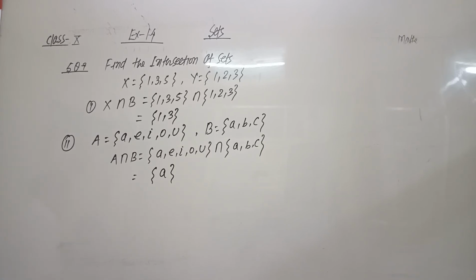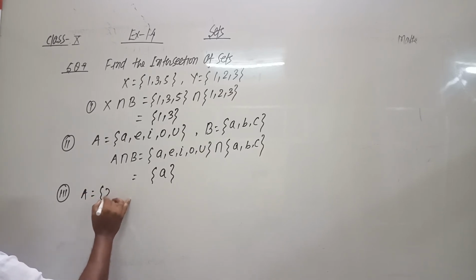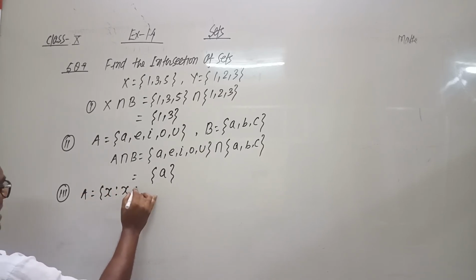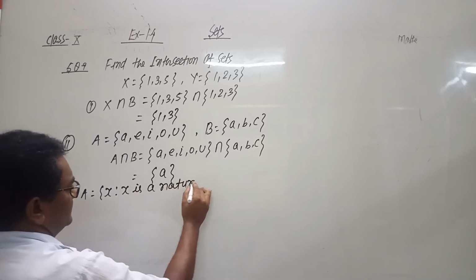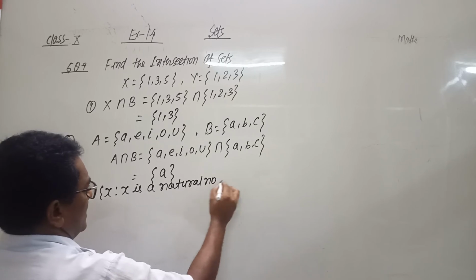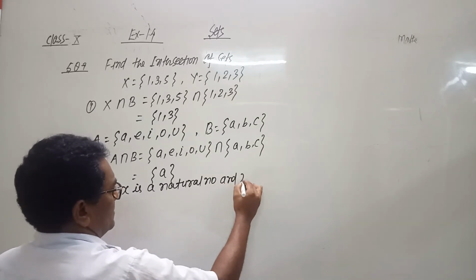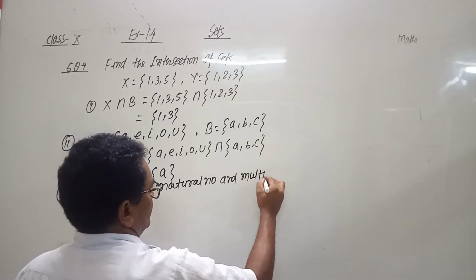Third part. A equals to x such that x is a natural number and multiple of 3.